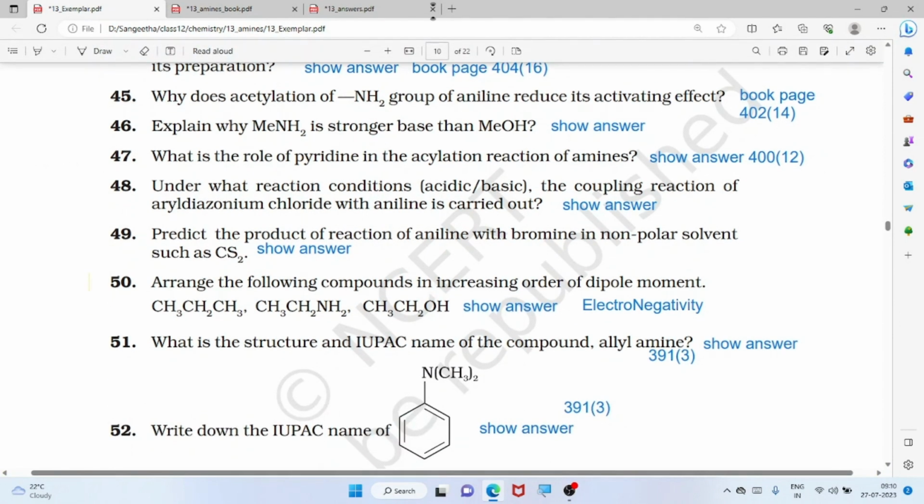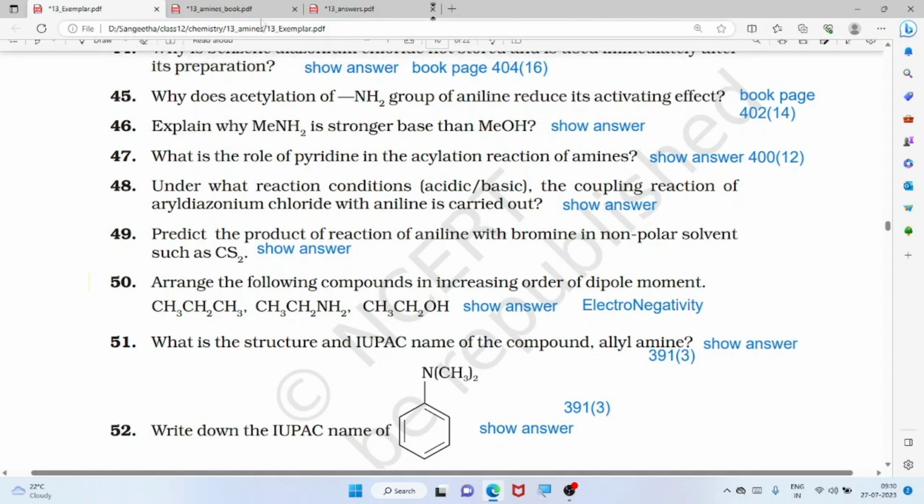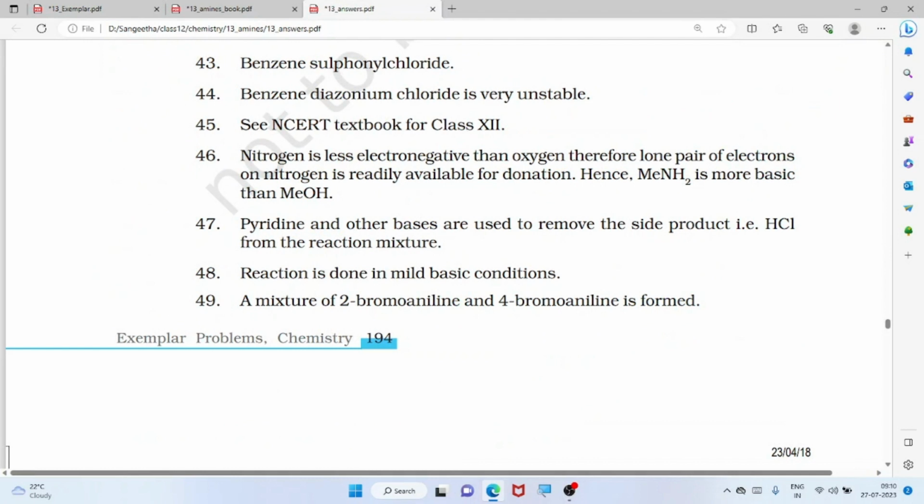What is the role of pyridine in the acylation reaction of the amine? 47. Pyridine and other bases are used to remove the side product HCl from the reaction mixture.